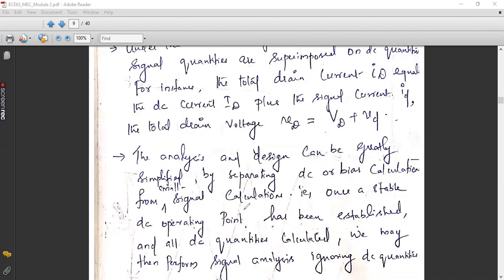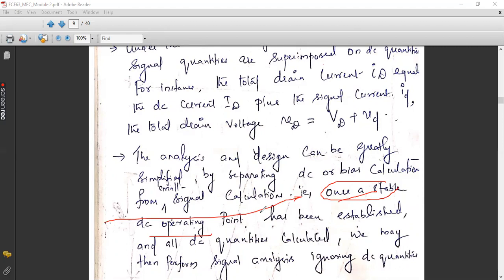Once we ensure a stable operating point, the concept of stable operating point is that we will take the most feasible point as the Q point. Why? Because we know that after giving an AC input, there is slight shifting going to happen for the Q point.